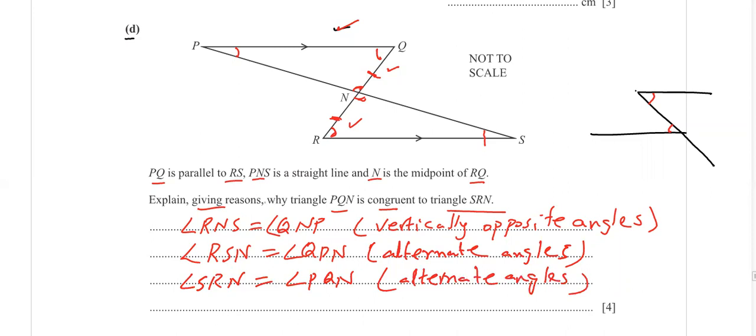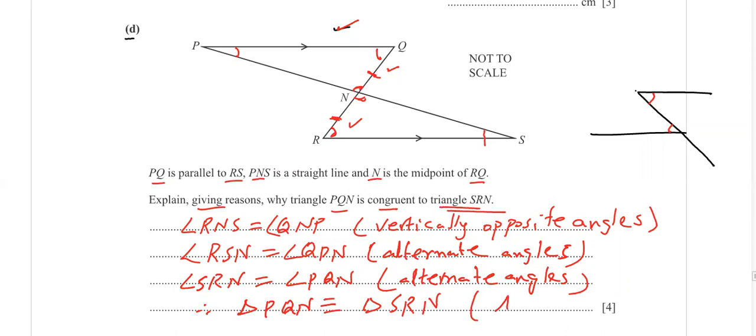So therefore, I will say the triangle PQN is congruent to the triangle SRN. And the reason is all three angles are equal.